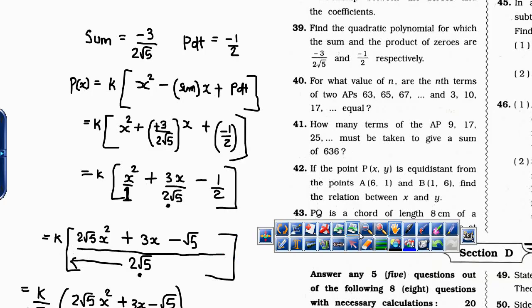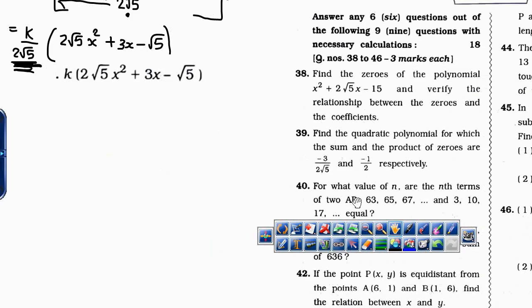That was sum number 39 for you. Sum number 40.